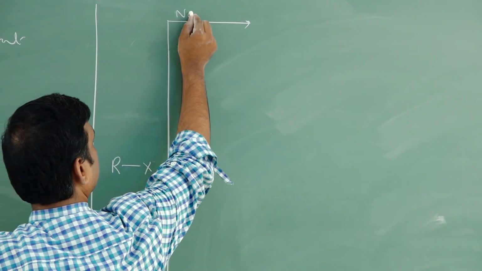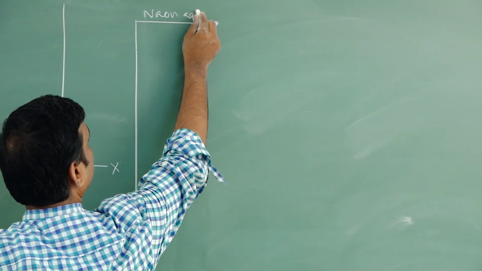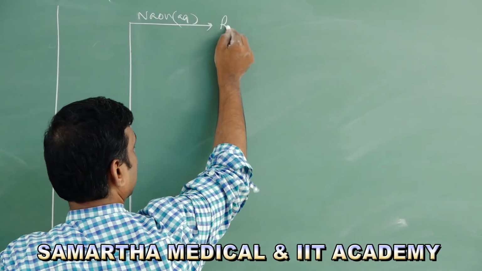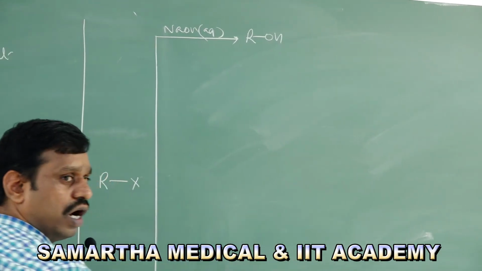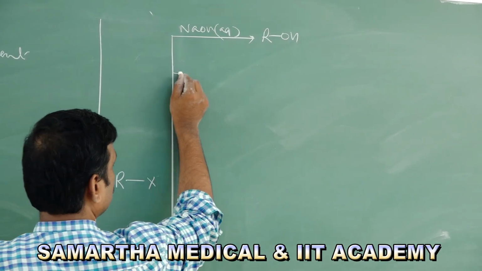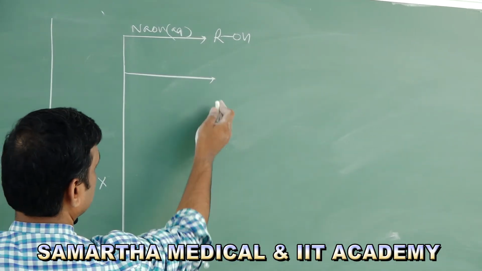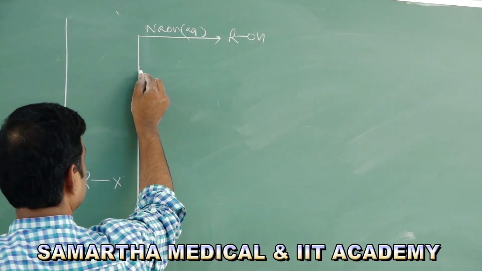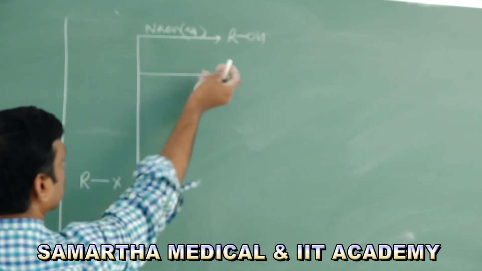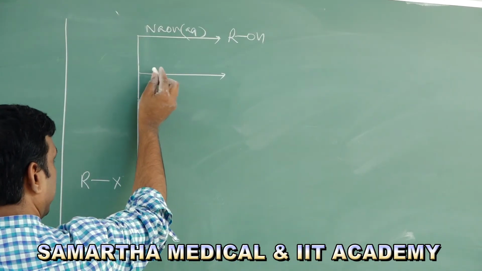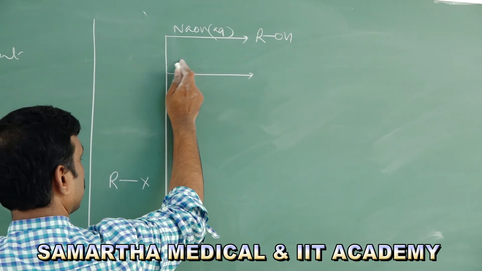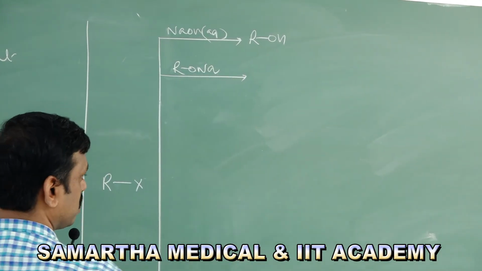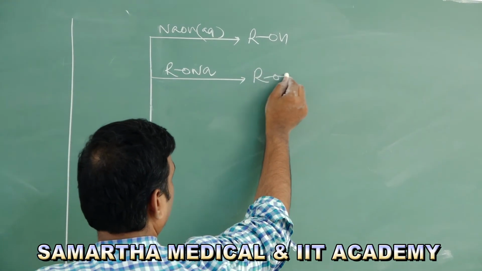It is NaOH, aqueous medium. Come on. RX plus NaOH. I want only the product. ROH. Next, 2. What is the second reaction? It is sodium alkoxide, no? RONa. Williamson ether synthesis. It is ROR.